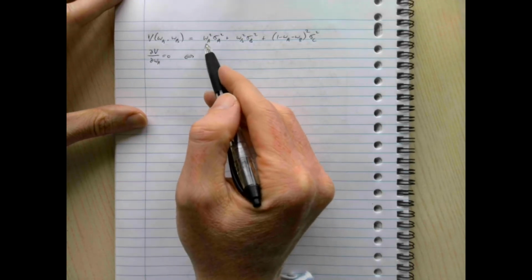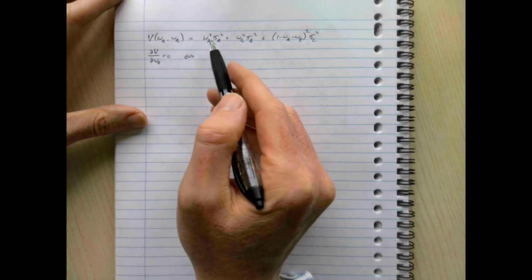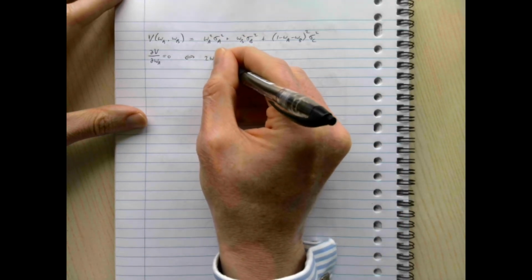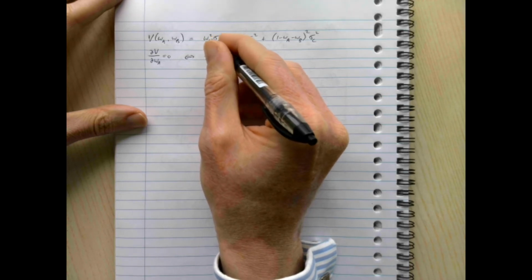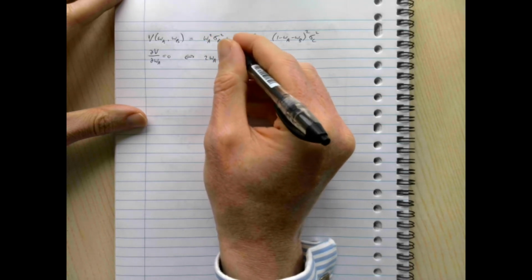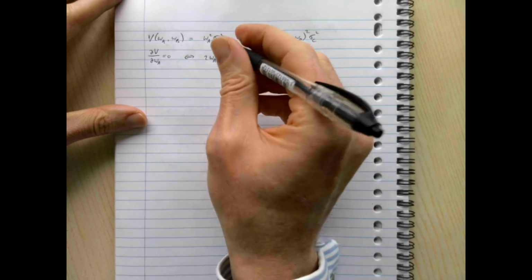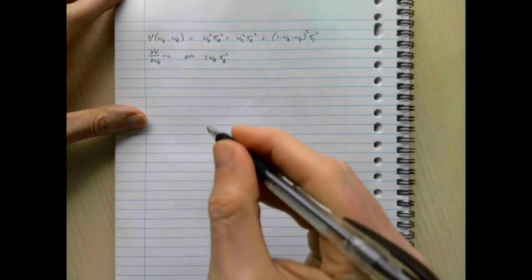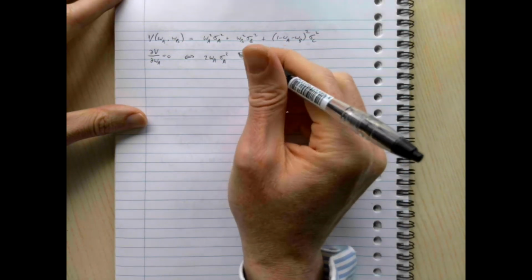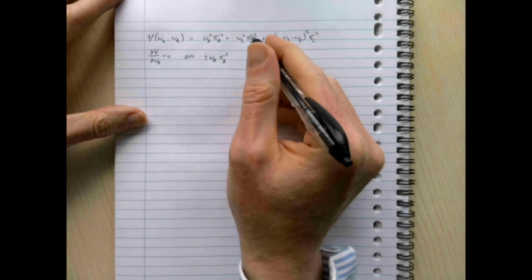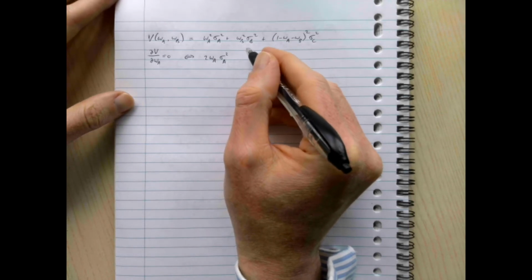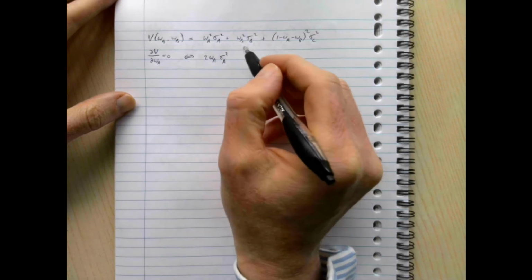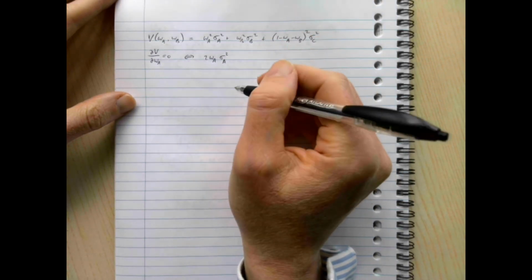The partial derivative of the first term is going to be 2 times WA times this constant, so 2 times WA times sigma A squared. What about the second term? Do we see any WA in the second term? No, we do not. So from the point of view of a partial derivative with respect to WA, this is just constant, so it doesn't contribute.